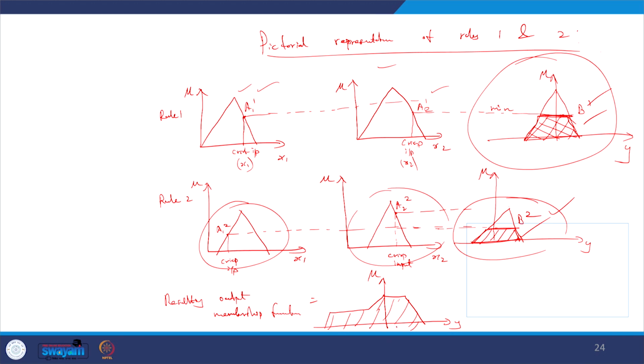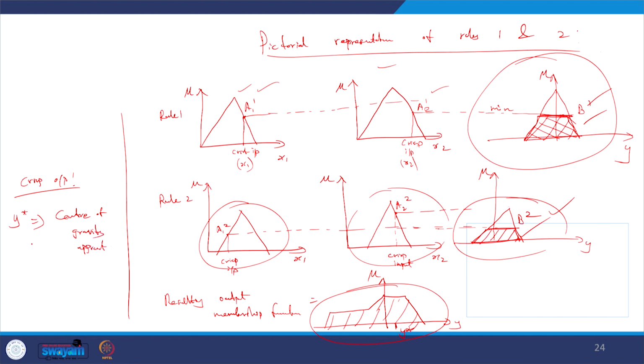So, from here you can see the value obtained from this output membership function, y star. So, in general the crisp output is obtained by a method called center of gravity approach.